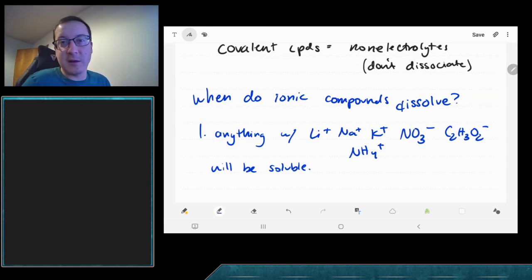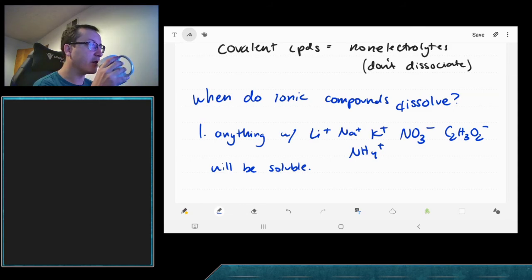Of course, this is talking about water because that's where we're going to be doing most of our chemistry in general chemistry. So if it has lithium, sodium, potassium, ammonium, nitrate, or acetate in it, it will be soluble, no matter what.